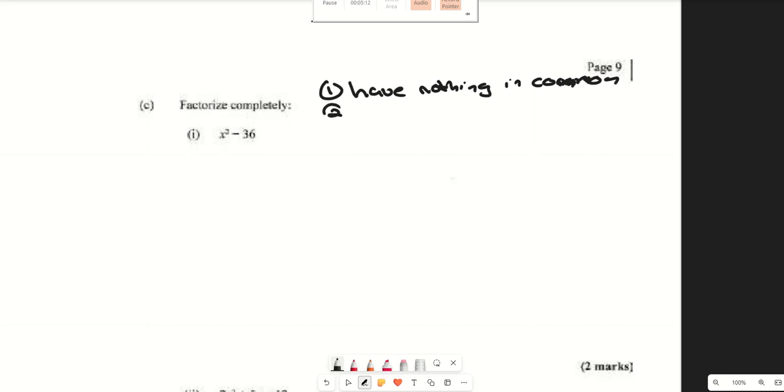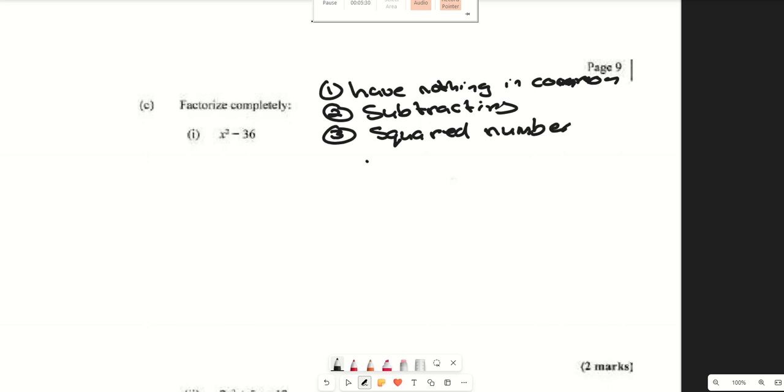The second thing is they're subtracting. And the third thing is the two terms in this, because it's only two, are squared numbers. So immediately when you see this, you think a squared minus b squared, difference of squared numbers.